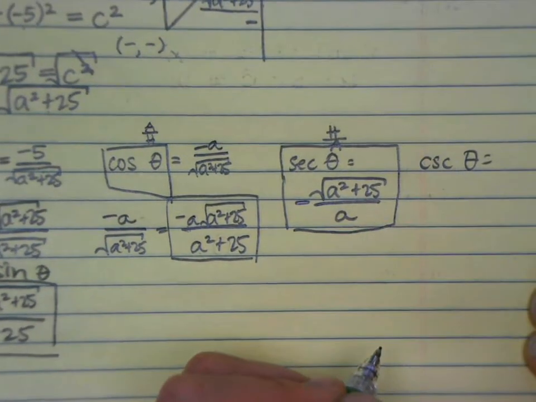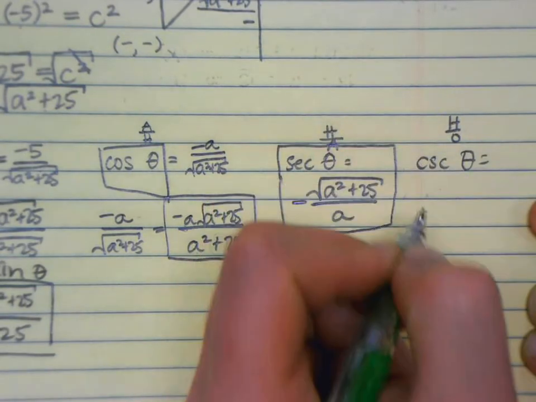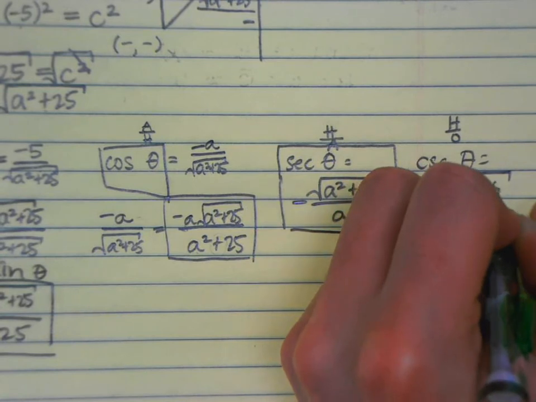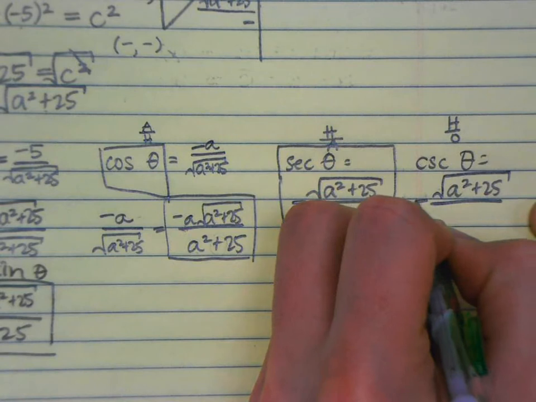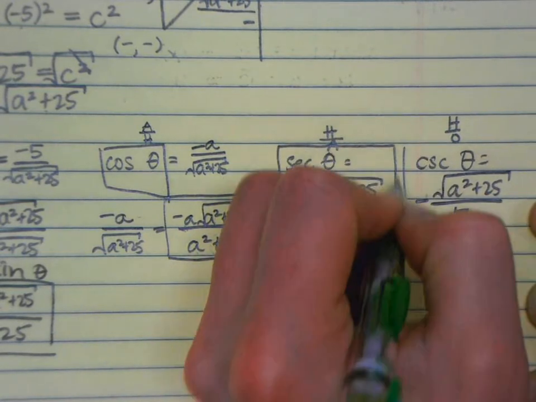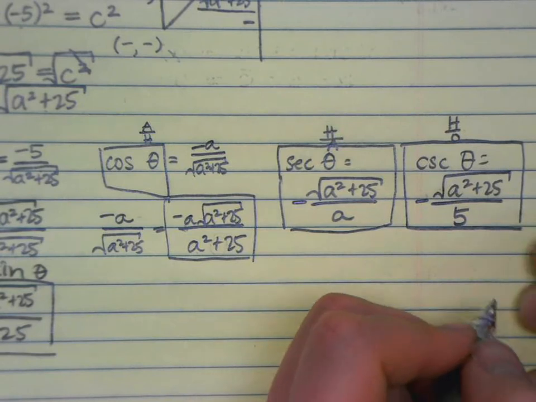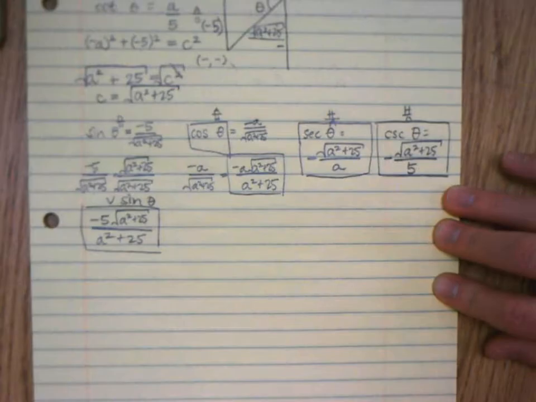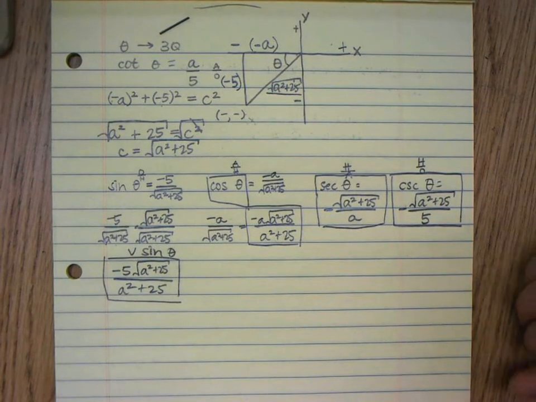And cosecant of theta is going to be hypotenuse over opposite, so it'll be radical a squared plus 25 divided by negative 5. Again, I'm going to put the negative out in the front of the fraction, and there are my final answers. So here would be the complete problem for this generic right triangle.